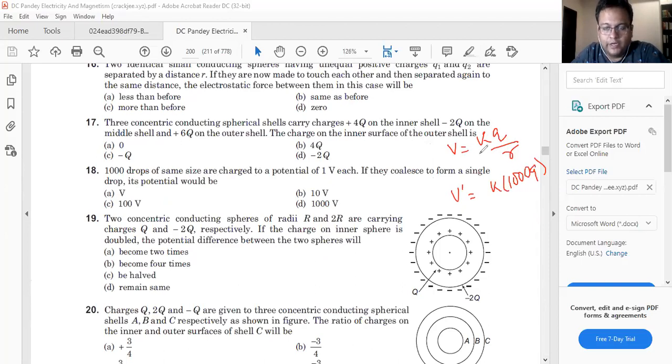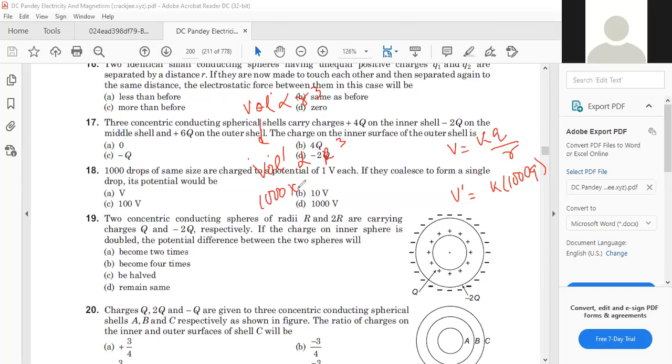And what radius will they have? Volume is what? 4 by 3 pi R cube. ठीक है, तो volume 1000 times हो जाएगा, but the radius will be how much? The radius will only be 10 times. The original volume, if I assume, is small v, right?